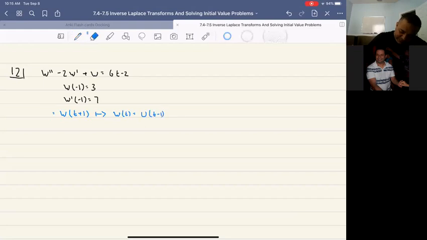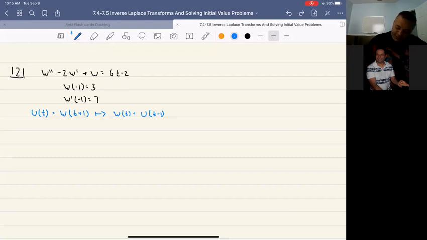That makes the translation easy. For example, when t is -1, then u is u of 0. So it's just an easy transition. We don't have to change any w or the derivatives or anything. We don't even have to do anything on this. That's going to stay the same.